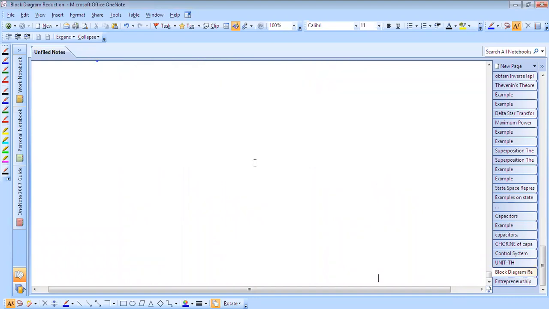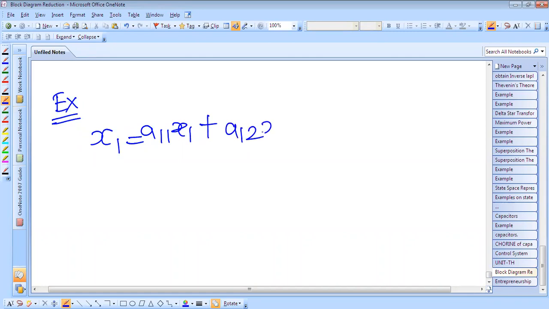Let us consider the following set of equations. The equations are given: x1 is equal to a11 x1 plus a12 x2 plus a13 x3 plus b1 u1.